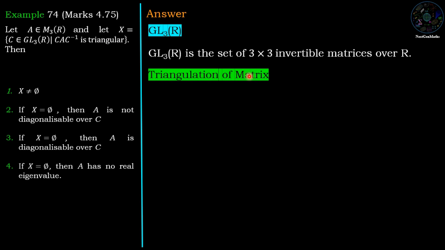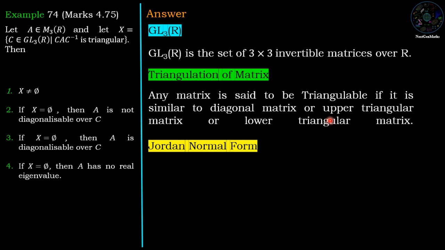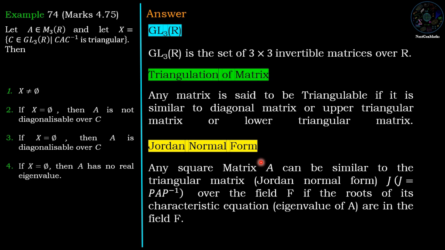Now, triangulation of a matrix: a matrix is said to be triangulable if it is similar to a diagonal matrix or an upper triangular or lower triangular matrix. Now, the Jordan normal form is in triangular form. For the Jordan normal form, we have a condition.